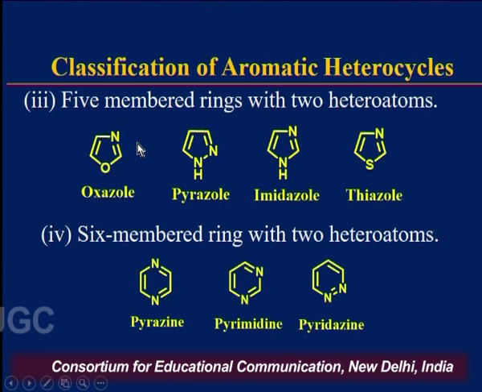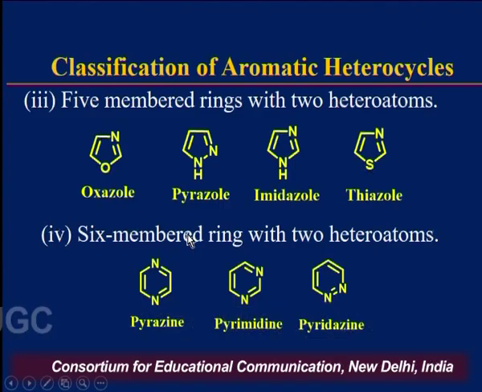When they are different, like one is oxygen and the other is nitrogen, then we call it oxazole. If both heteroatoms are the same, like nitrogen, and separated by 1,2 position, then we call it pyrazole. And in the case of imidazole, both nitrogens are separated by 1,3 position.